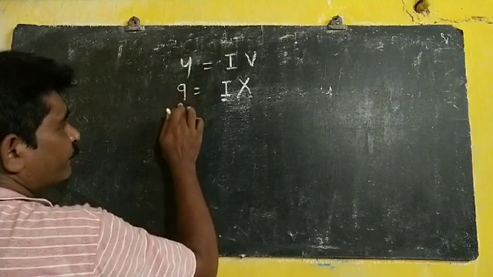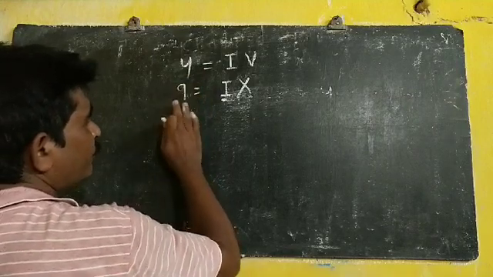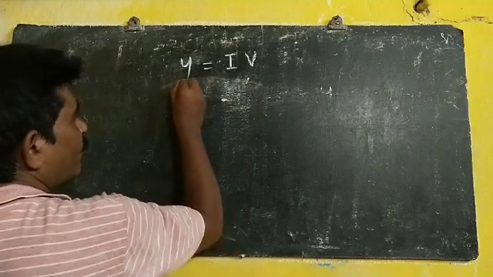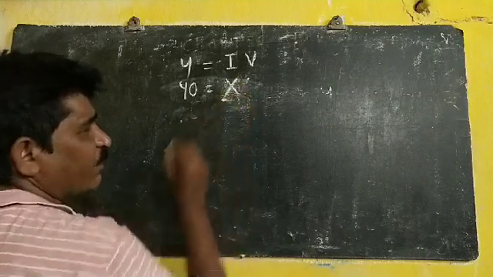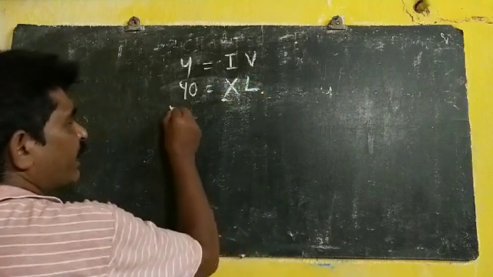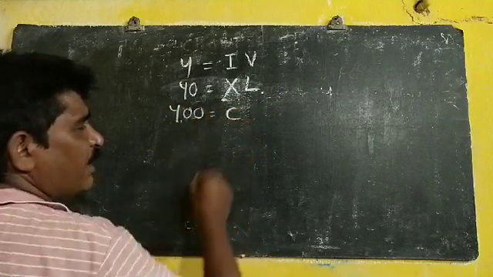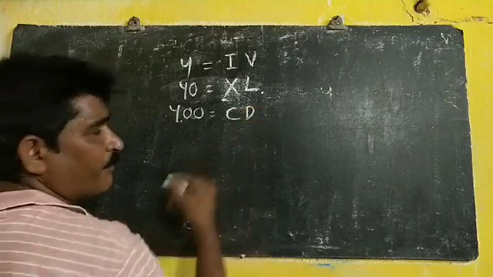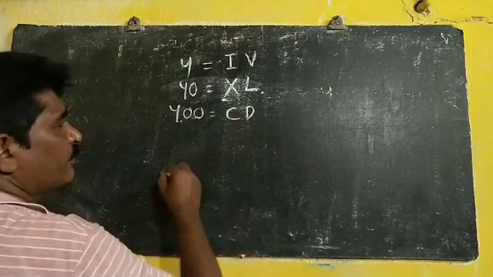Similarly, four, 40. How can you give 40? Ask 10 rupees, then give 50 rupees. XL. Then 400: ask him for 100 rupees, C, and give him 500 rupees, D. Okay.